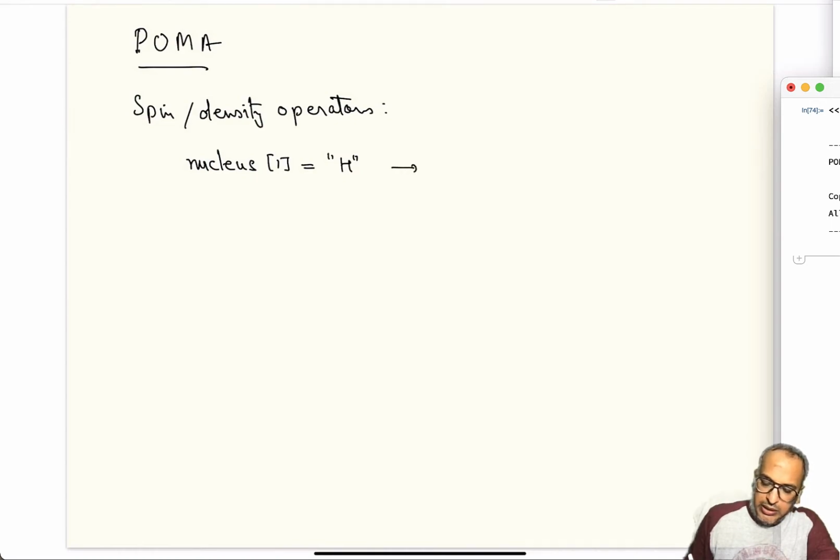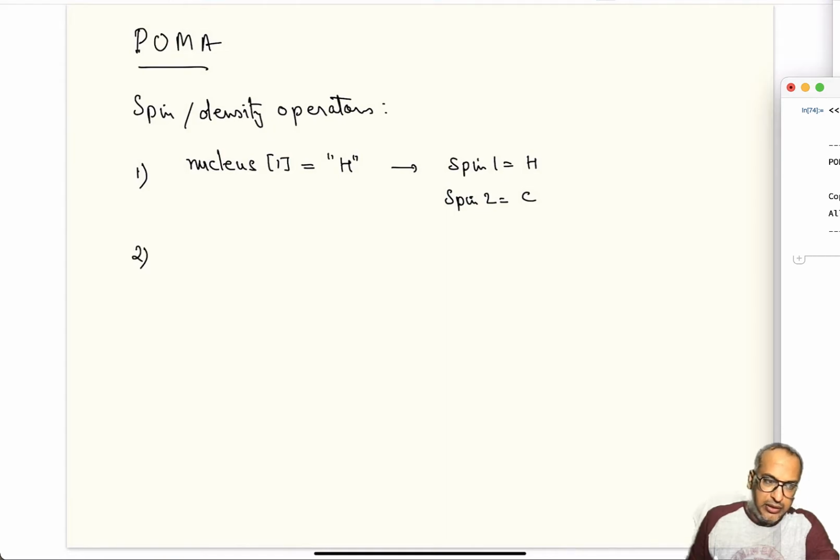So this command basically defines that spin 1 is equal to hydrogen. Similarly, if you have spin 2 as carbon or another hydrogen, you can define a number of spins. Whatever is the number of spins, you can write all these lines one by one. Okay, so that is one.